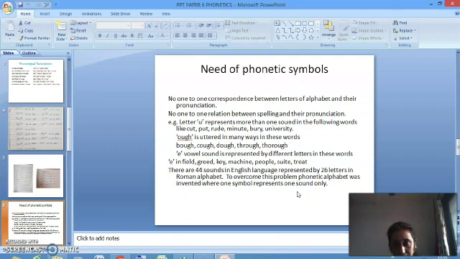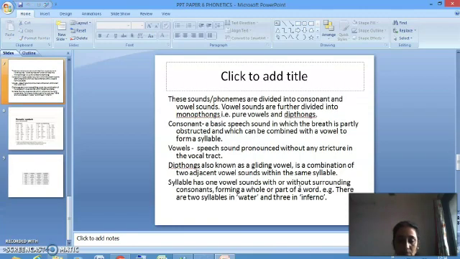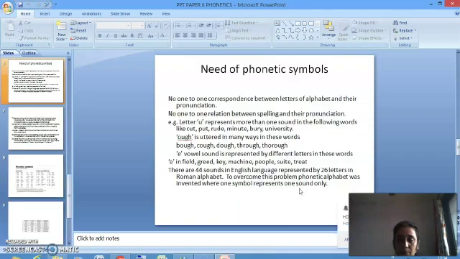In the phonetic alphabet, each sound has its own symbol. These are invented so that one symbol represents one sound only. Okay, so you might have got the idea why there is a need to invent phonetic symbols.